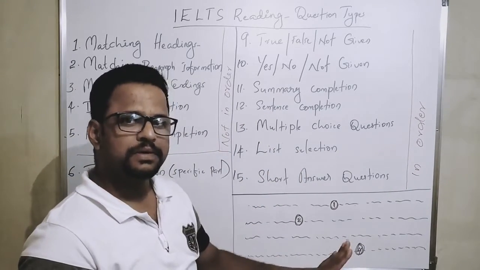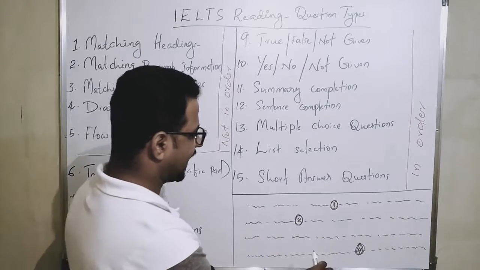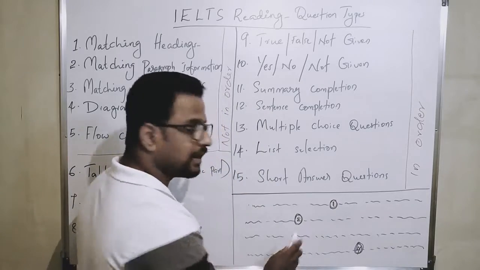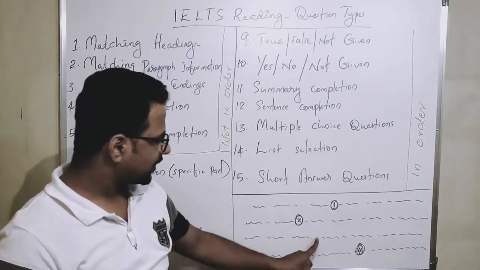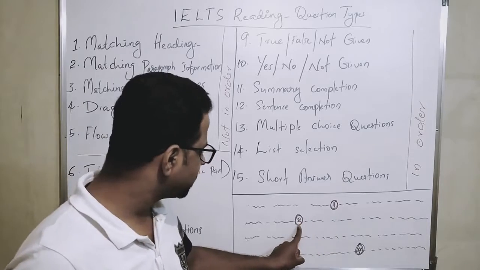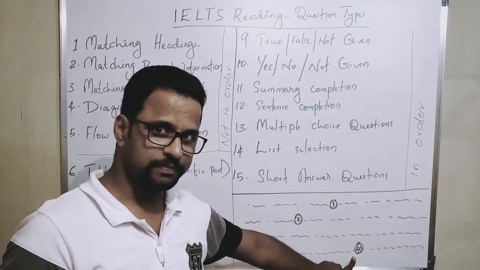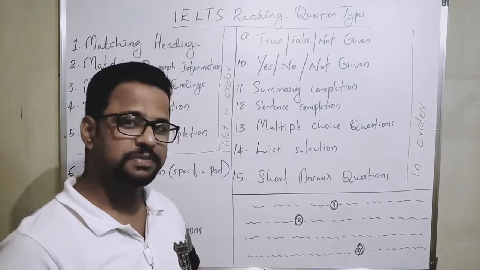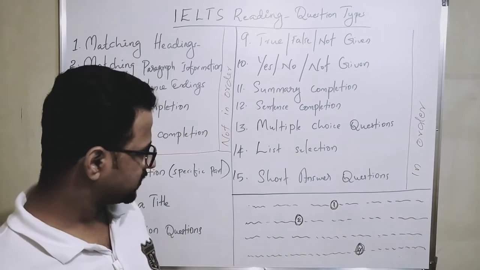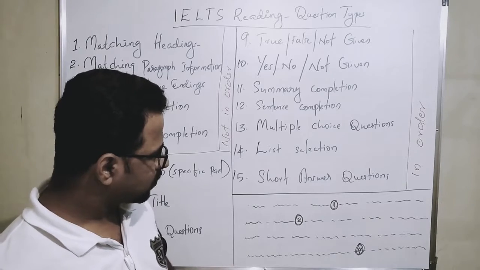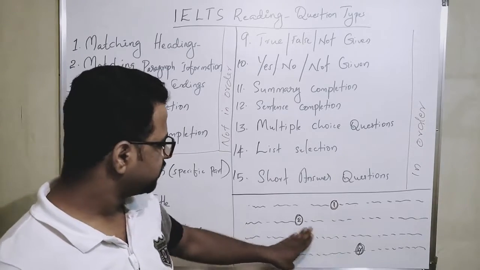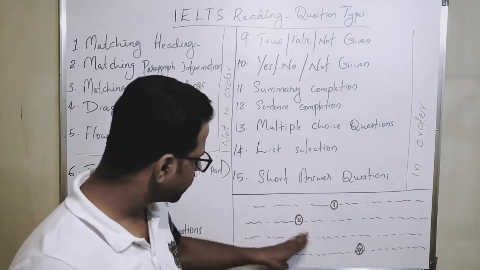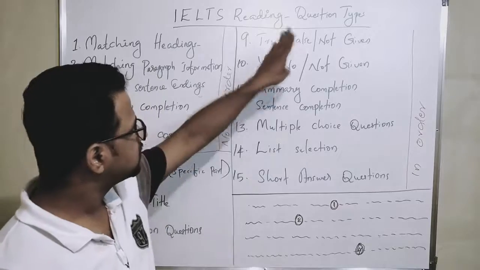And remember, you don't want to search for the answer to the third question somewhere after 3 or before 2. Definitely the answer to question 3 is lying somewhere in between 2 and 4, right? This is very clear, and I don't say it's 100%, but almost 95%, most of the time the answers are given in between. Answers are in order, and 1 2 3 4, they don't go 1 2 4 and 3, for these types of questions.